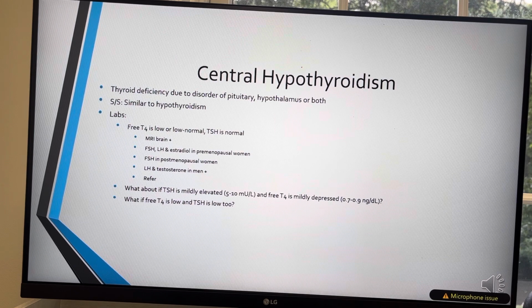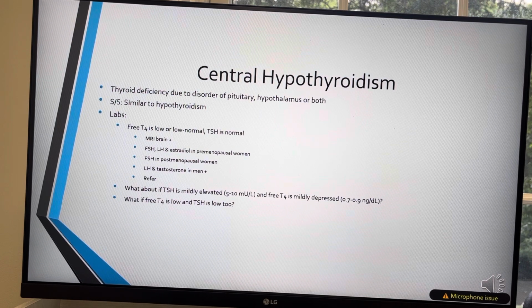What if the free T4 is low, but the TSH is low too? That can be central hypothyroidism. That can also be subclinical hyperthyroidism. In this case, you would want to check the free T3.